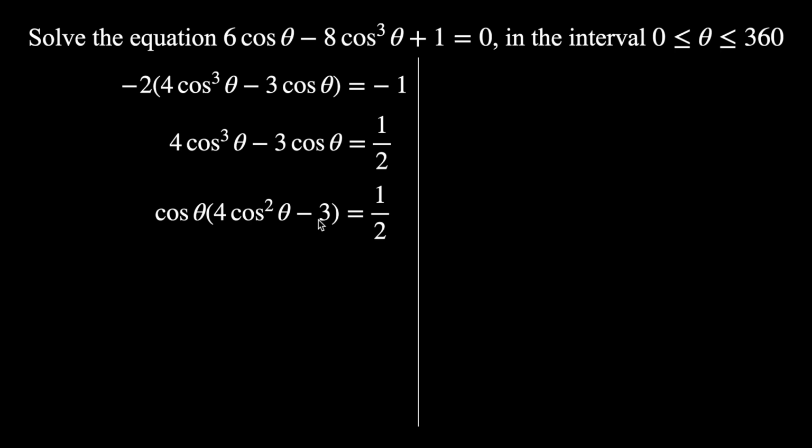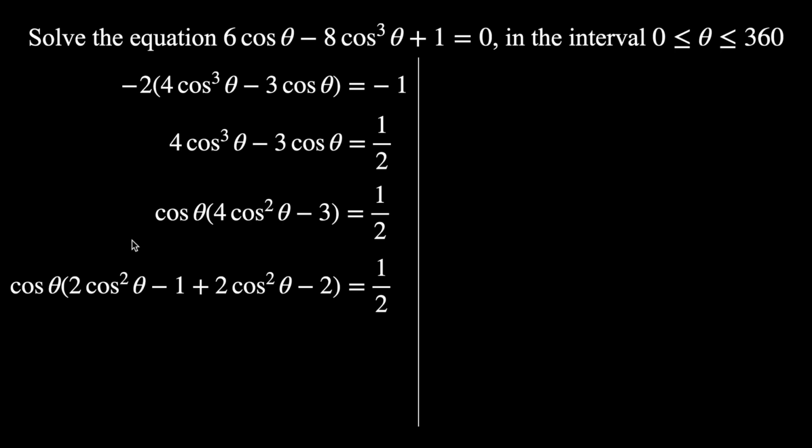Is it possible to get that from this expression? Well, yeah, right? If I split this 4 cosine squared into 2 plus 2 cosine squared theta, then maybe I can get this double angle identity for cosine theta. Okay, so let's try that. We've got cosine theta equal to 2 cosine squared theta take 1 plus 2 cosine squared theta take 2.